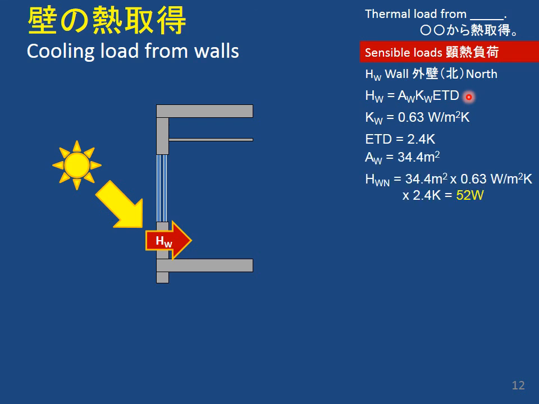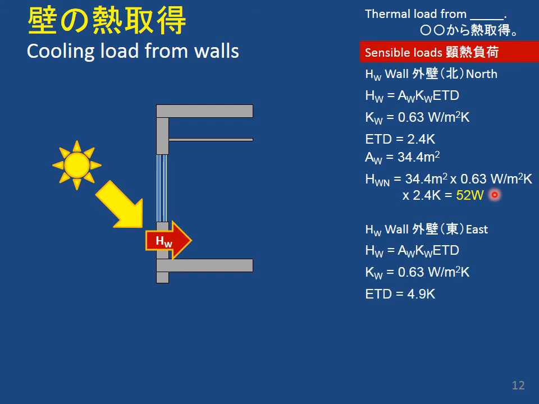We know the area. And we calculate the north wall is 52 watts. For the east wall, we use the different ETD. Same wall. For K, ETD is 4.9. The area is this. And through the east wall is 57 watts.